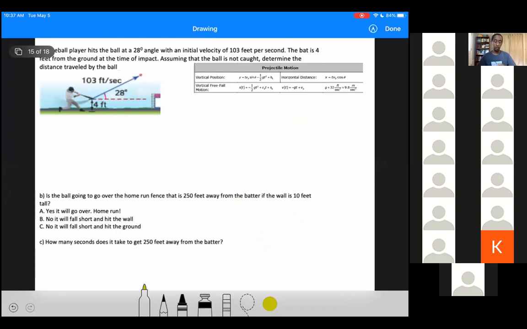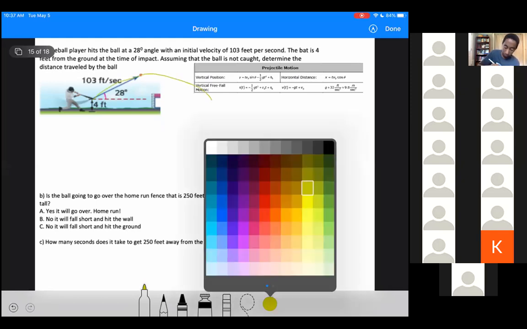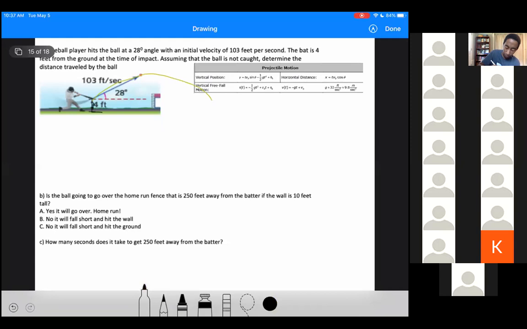So what we're trying to find is, eventually this ball is going to be hit, and it's going to go down, and we're going to be trying to find the distance from here to here. What is that distance is what we're looking at. How far did it travel?